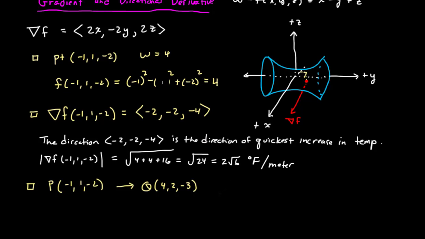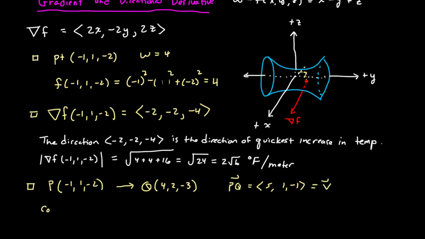It is the projection of del f onto the vector v. So if we're going to move in the direction from point P to point Q, we want the vector PQ, which is just the difference of corresponding components, which is (5, 1, -1).